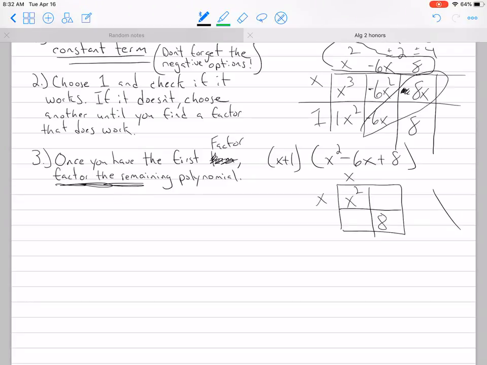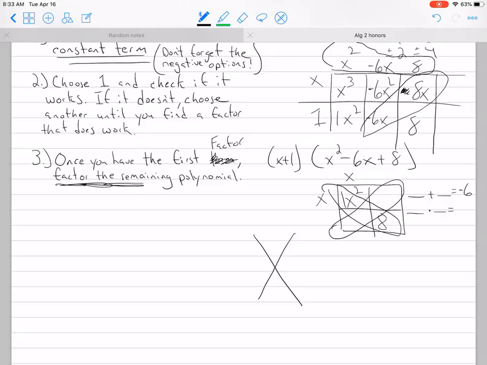And I know I need two things. Here, let me move up and give myself some space. I need two numbers that if I go blank plus blank, they're going to equal a negative 6. And if I do blank times blank, remember, these diagonals have to be the same when you multiply them.